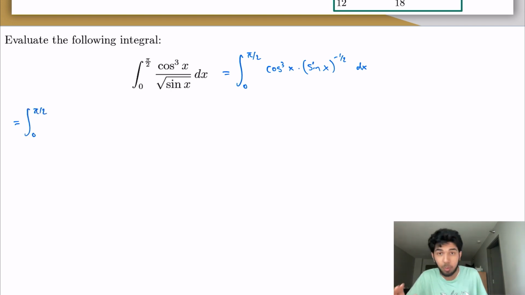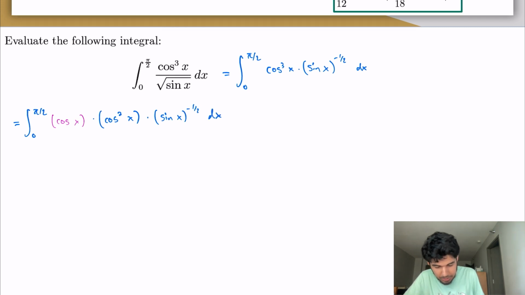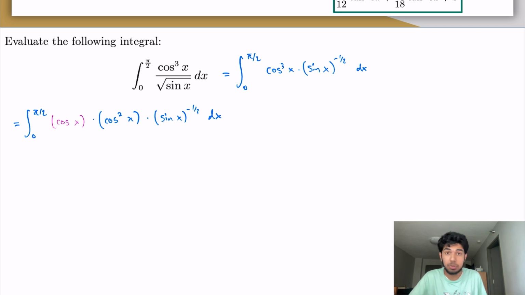I want to save one cosine, so let's save one cosine of x. That leaves us with 2 more cosines, a cosine squared of x, times sine of x to the negative 1/2 dx, right? These two terms multiplied together give us this cosine cubed of x term. And we're going to save this pink cosine x.